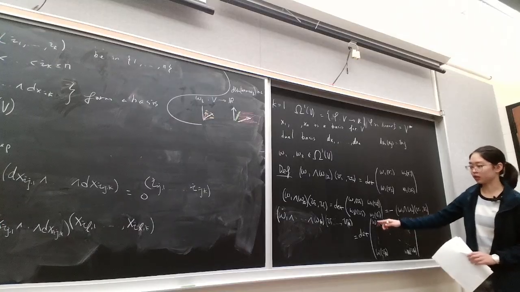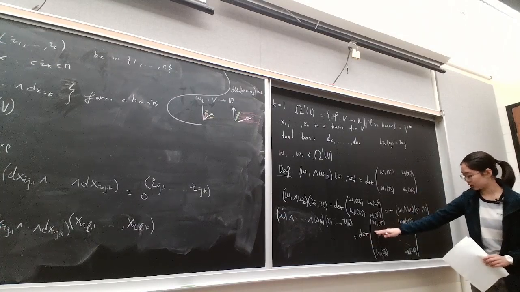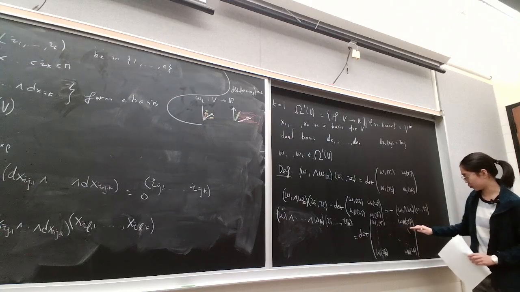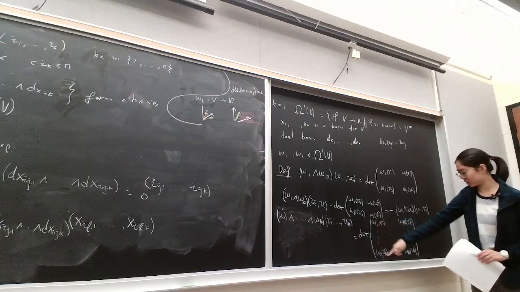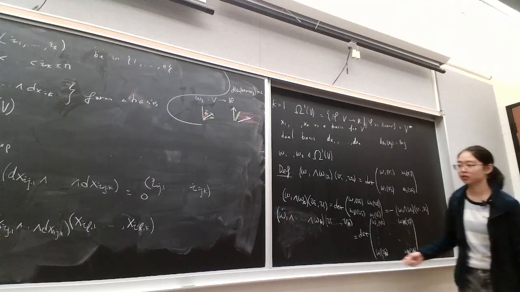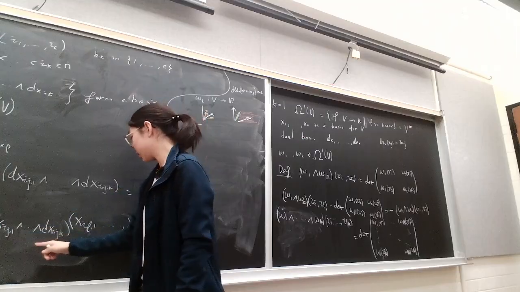And if you look at the second row, we get 0 here, 1 here, and 0 everywhere else. So basically you only get 1 on the diagonals, and this gives you the identity matrix, and you multiply that by aj, so it gives you aj.